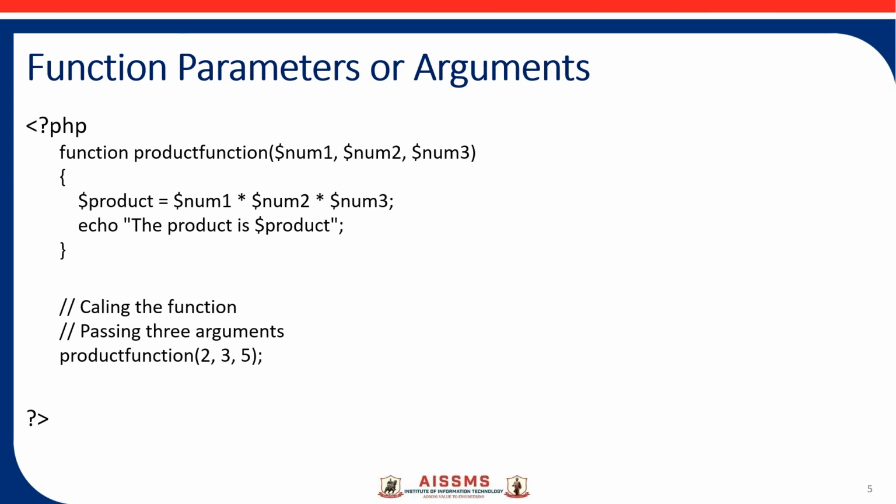Product is equal to $num1 times $num2 times $num3, and echo the product, whatever the multiplication is. So when you run this program, it will print the product is 30.